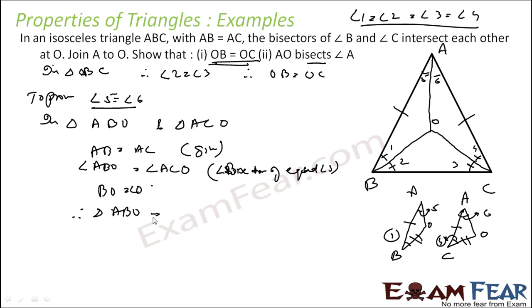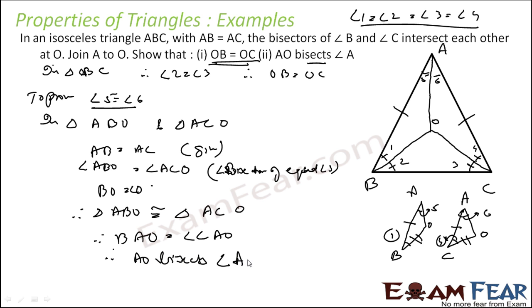Therefore triangle ABO is congruent to triangle ACO. Since they are congruent, you can say that angle BAO is equal to angle CAO. Since these two angles are equal, therefore AO bisects angle A, and that is proved.